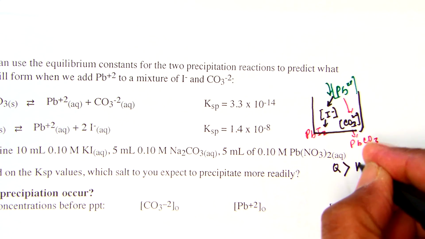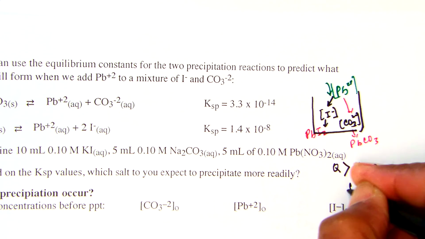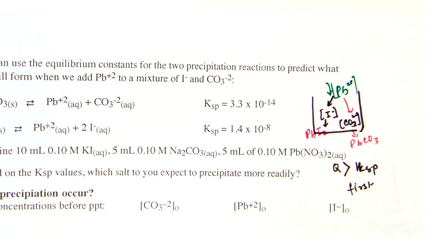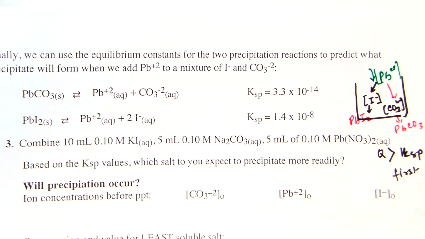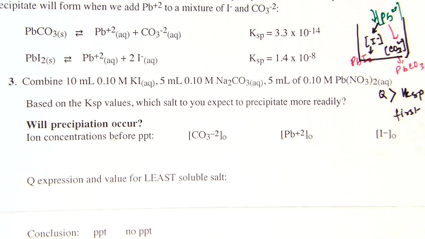So using moles and total volume, you need to calculate moles using molarity and the volumes, and then figure out how much lead you need to precipitate out lead iodide and how much lead you need to precipitate out lead carbonate. The one which requires less to precipitate out will precipitate first.